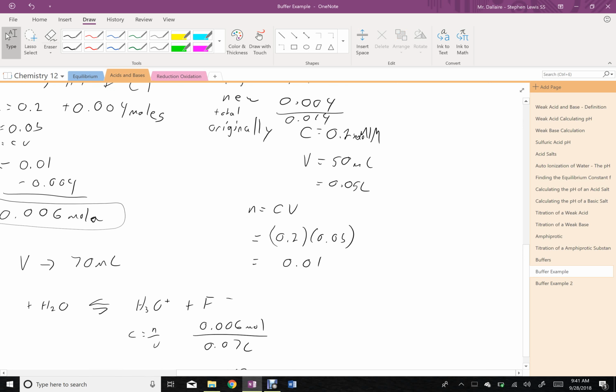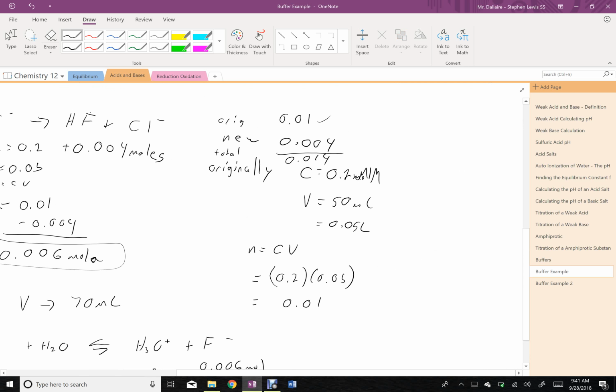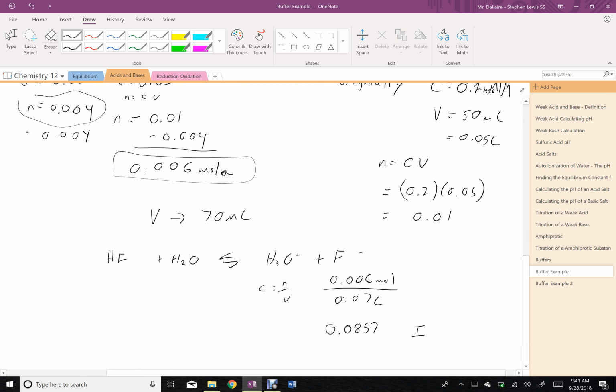For my HF, I had 0.01 in the original buffer. Through the reaction, I increased it by 0.004, and so my new moles is 0.014 moles. I am in that same volume of 0.07, and so I have a new concentration of 0.2 molar.